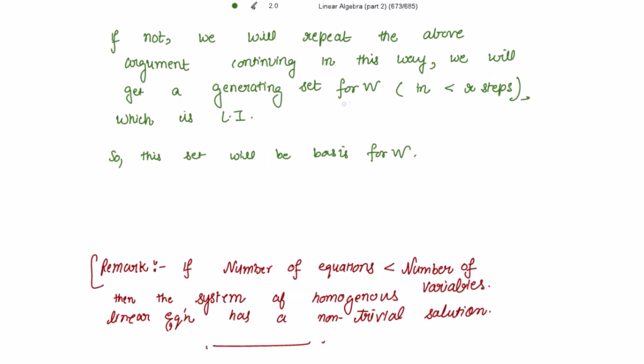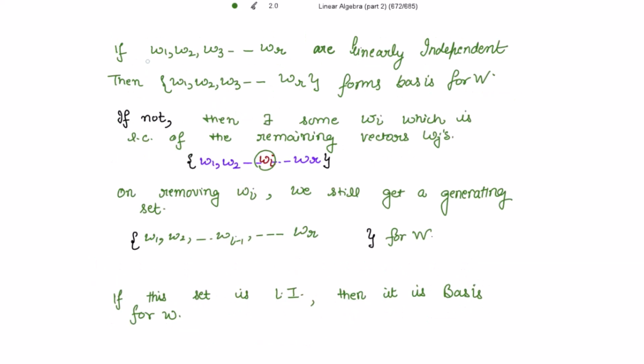So we will get a generating set for W, which is linearly independent, in less than R steps, because the total number of vectors we have is from W1 to WR. We need a subset of these which forms a basis for W. From W1 to WR we remove Wi, then in the next step we remove another Wj among all the other Wj's.